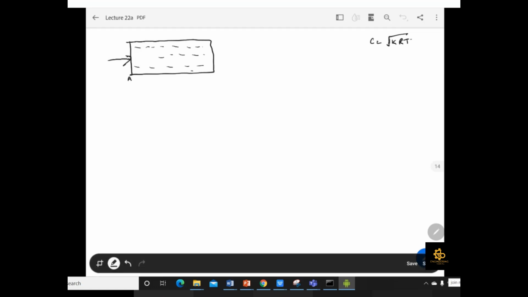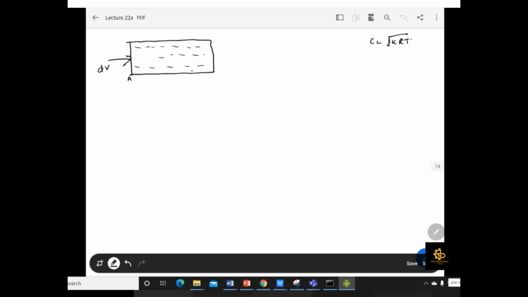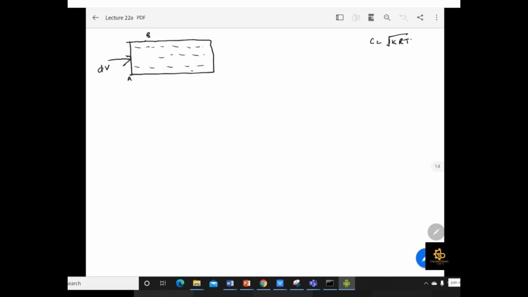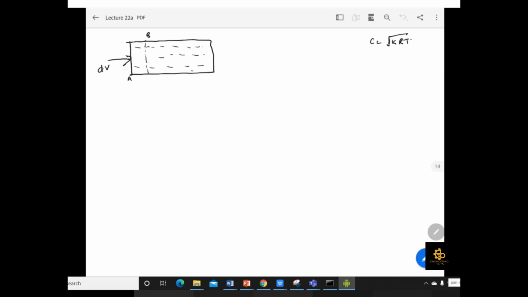After that I give some velocity to this piston. For example, I supply a small change in velocity, dV. The piston moves some small distance, which I call D. This is my piston after supplying some velocity.